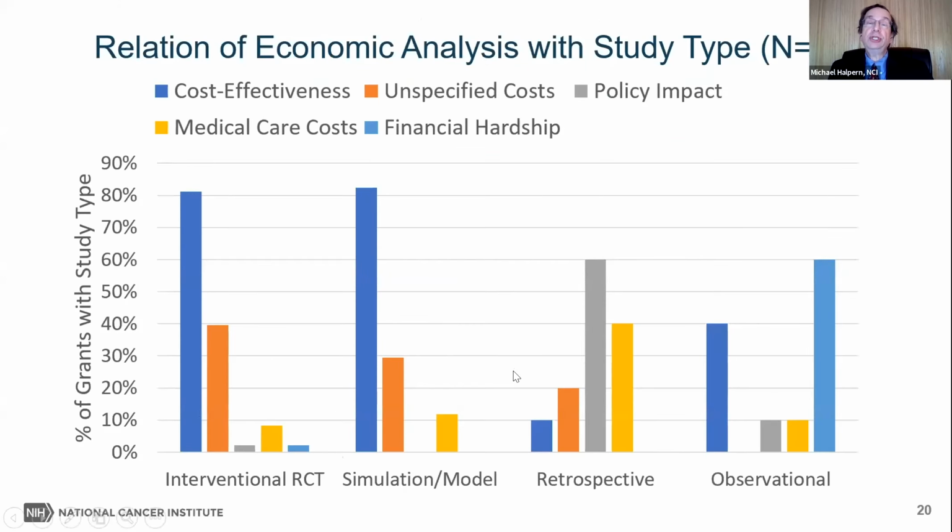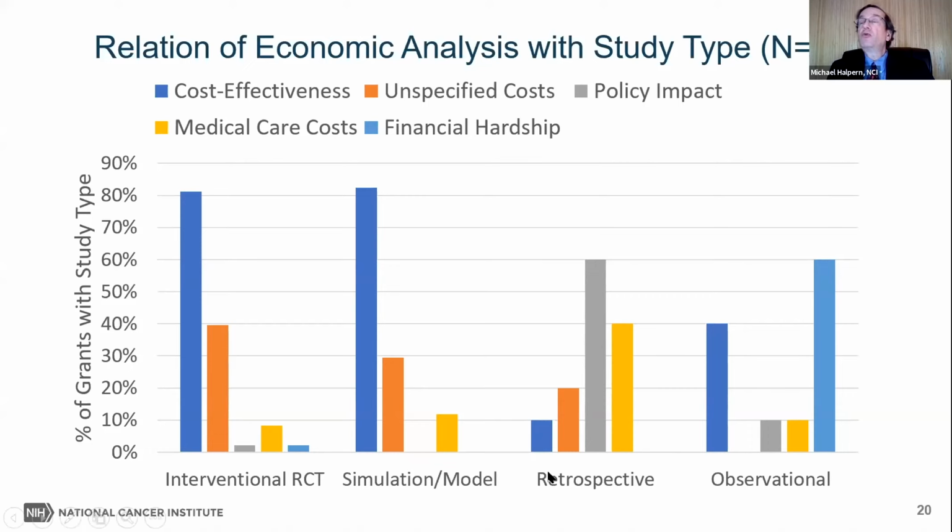Looking at the relationship of the economic analysis with the study type, we saw some interesting findings. That in grants that involved either interventional RCTs or simulations or models, a majority of those grants included cost effectiveness analyses and or unspecified cost analyses.